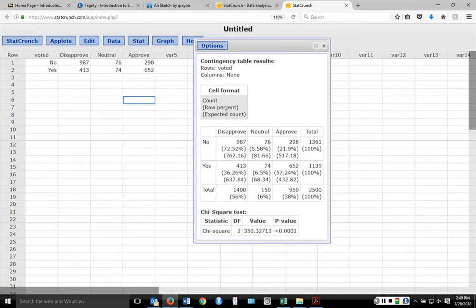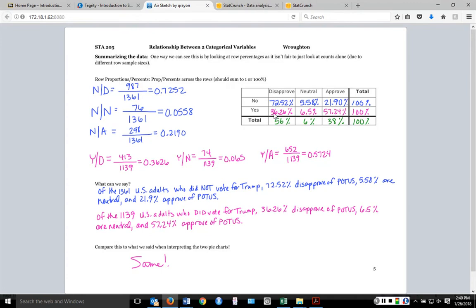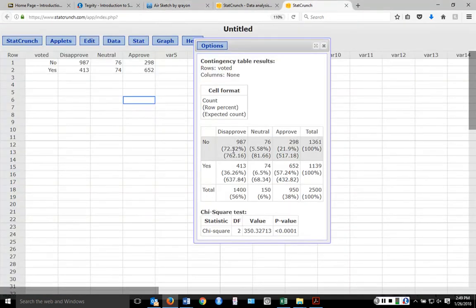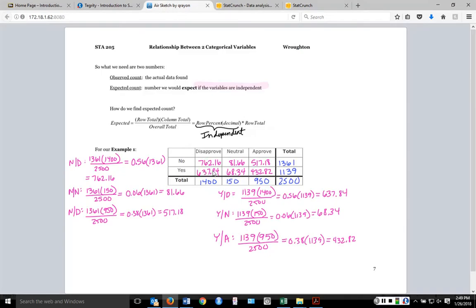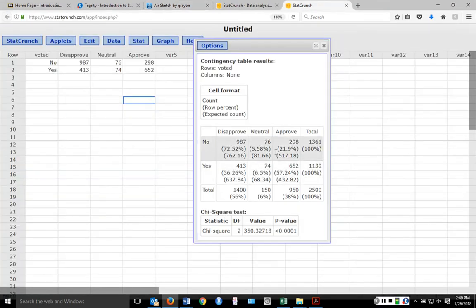And the third thing is the expected counts. You'll see these match what we've already done before. Here were our row percentages, so that's that second set given to us in the output. And the third one is our expected counts, the same numbers that we calculated in the last video. So the exact same numbers are provided here for us.